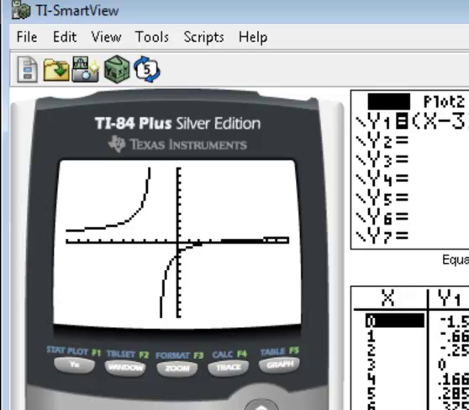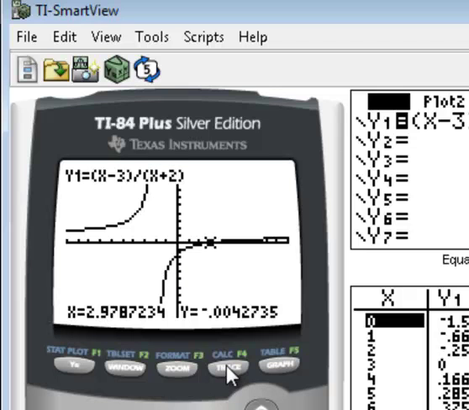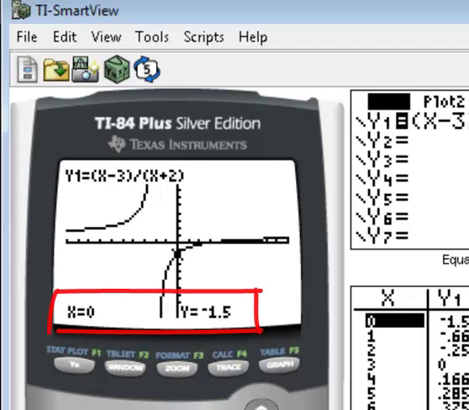Using trace and x equals 0, we find the y-intercept is negative 1.5. Intercept points can be very significant points to interpret in an application problem as well.